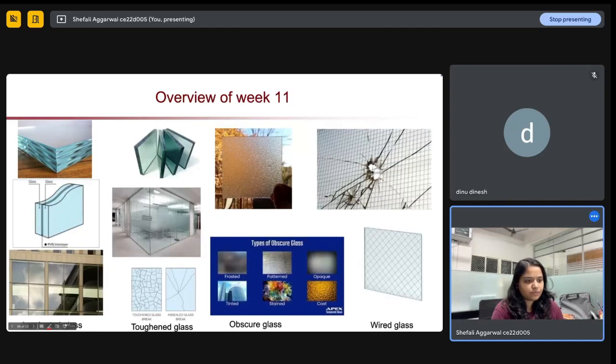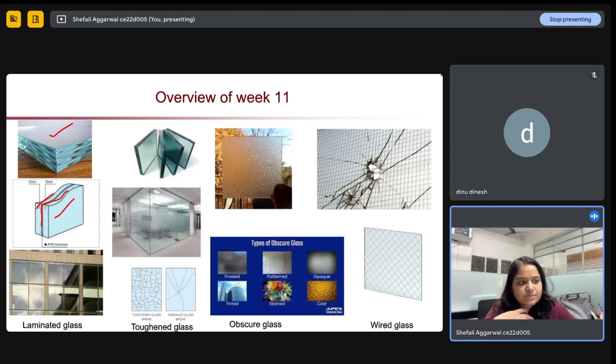The next type of glass is laminated glass. In laminated glass, we have two glass pieces joined using a PVB interlayer. If the PVB interlayer is a little translucent, the glass will look translucent, and it can also be transparent.